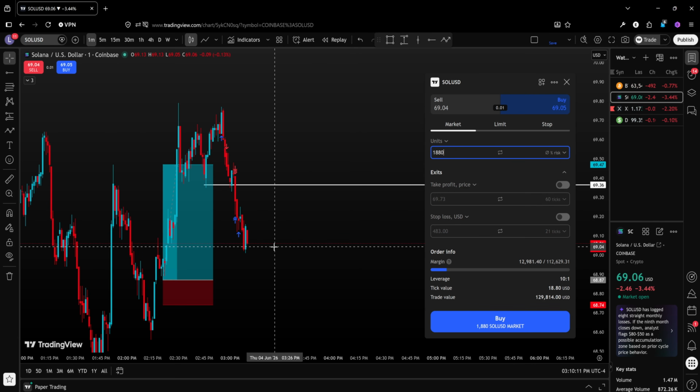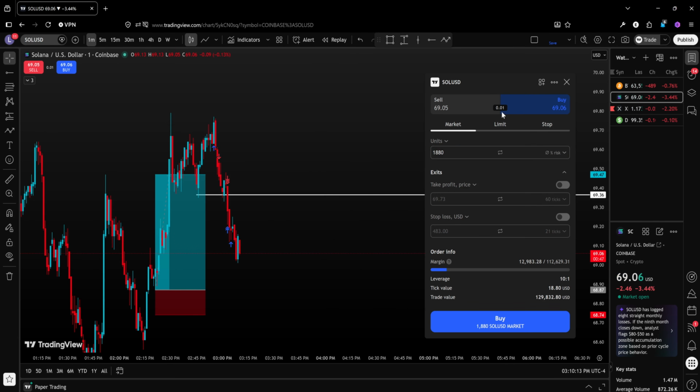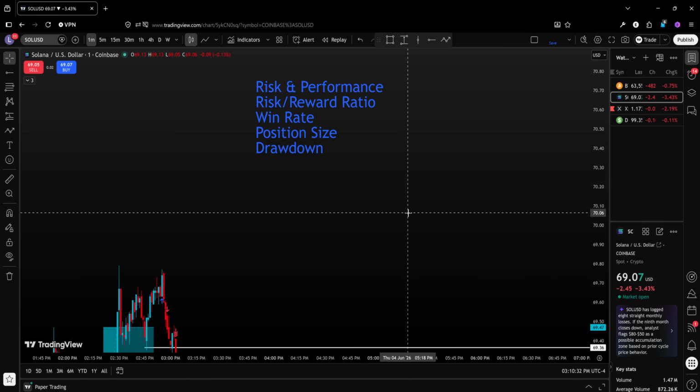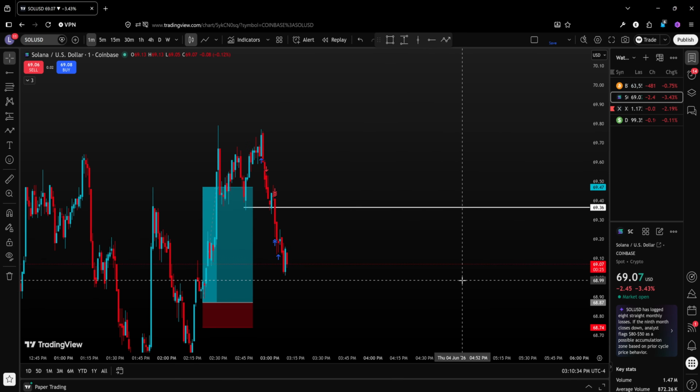But that's basically position size. I don't know what else. I'm not too geeky at it, I'm not gonna lie, but that's really all you need to know. There's some other stuff like lot sizes, which I'm pretty sure is position size as well. But that's basically it.